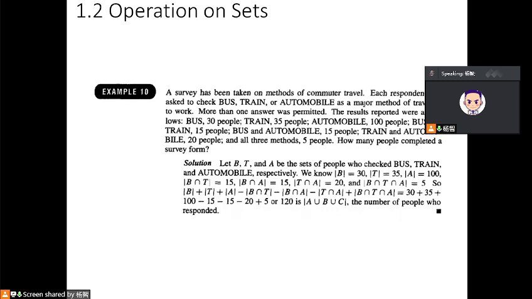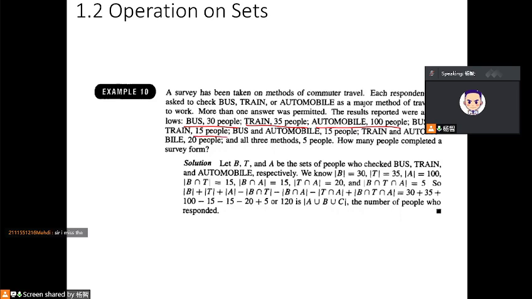The report: a certain number of people said they take the bus, 23 people said they take the train, and 100 people said they drive a car.